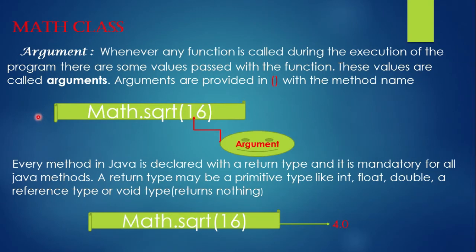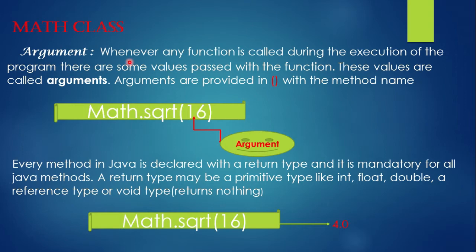Let us start with the first function, that is Math.pow. Before starting Math.pow, you need to understand certain facts. The facts: every function has an argument as well as a return type. So let us understand what is the argument for the function and what is the return type of a function.